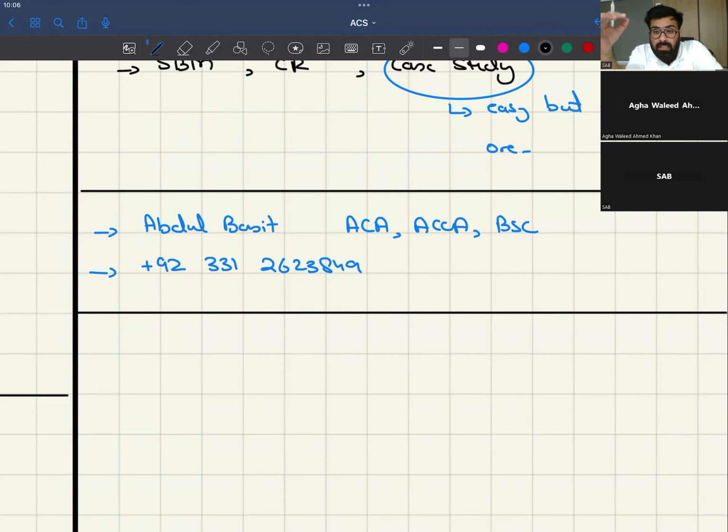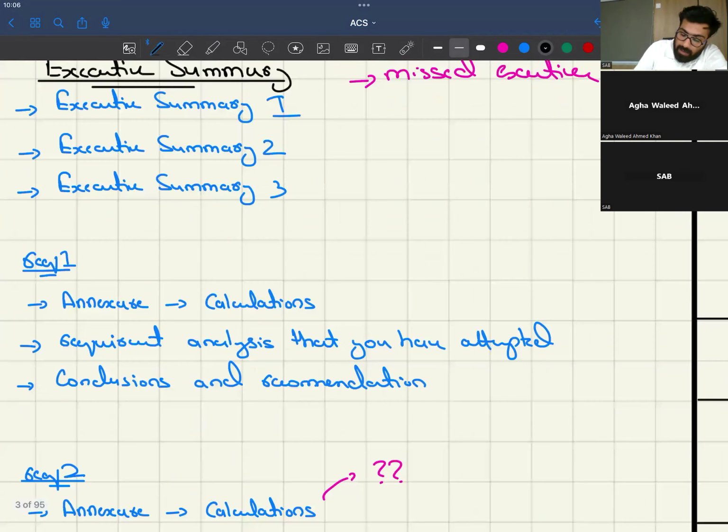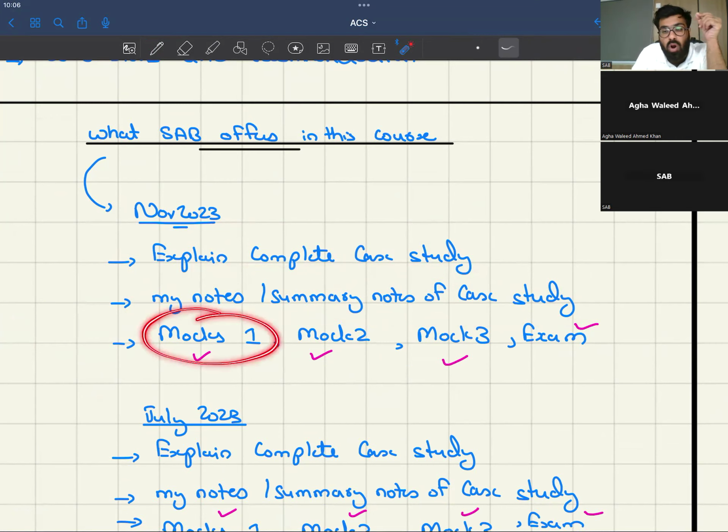We are going to start these classes from tomorrow, and from the next session we'll directly dive into the complete case study, and we'll read the case study. Once this is done, we'll do my summary notes, and once the summary notes are done, we'll do the first mock. In that mock, we're going to solve the complete case study, and I'll teach you how to write the executive summary and how to comment on ratios.